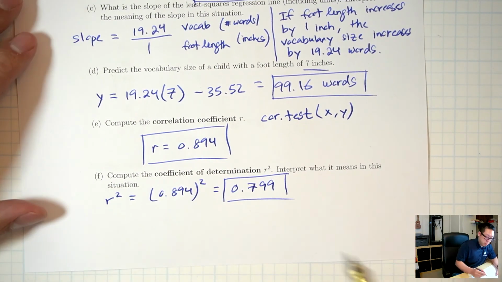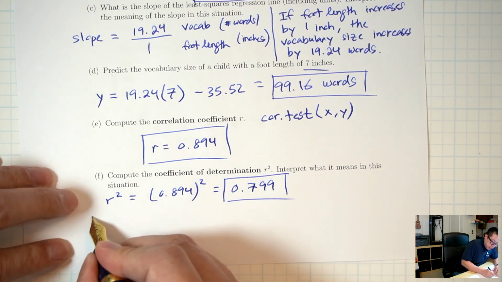And then the interpretation. Convert this to a percent. That's 79.9%.